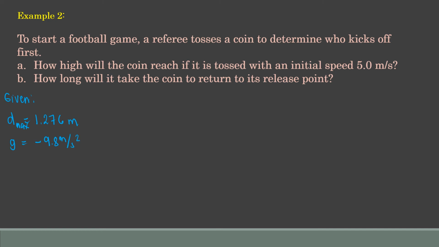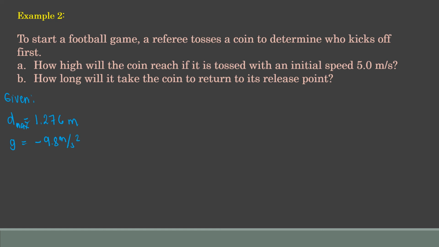For us to determine how long it will take the coin to return to its release point, we can consider one type of motion. We can consider the upward motion of the coin.